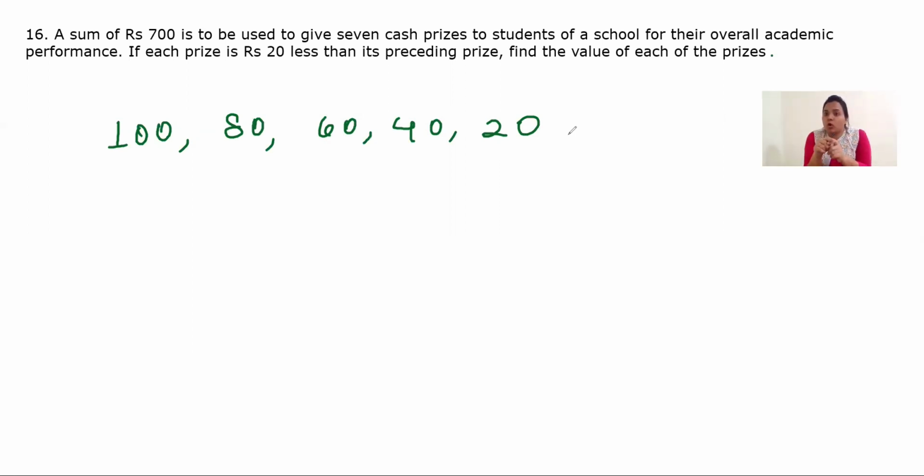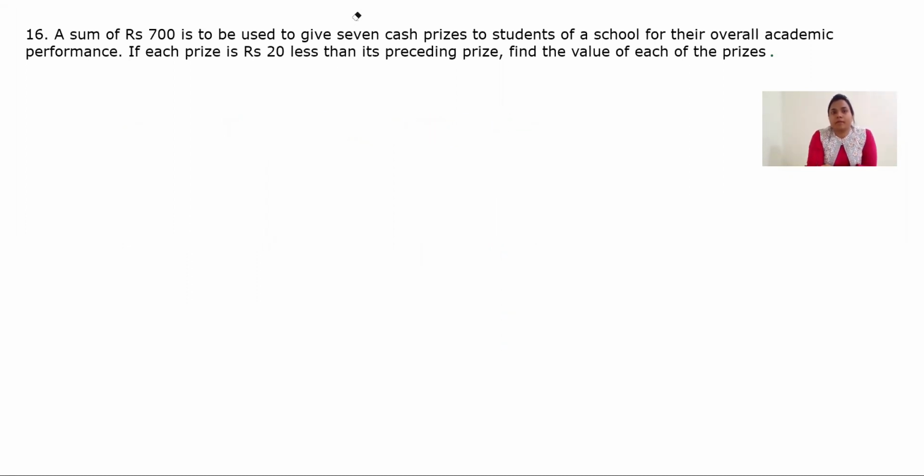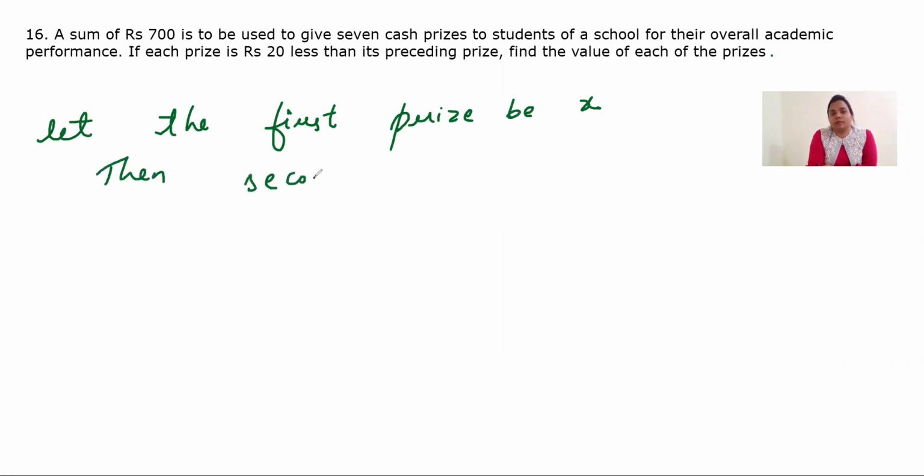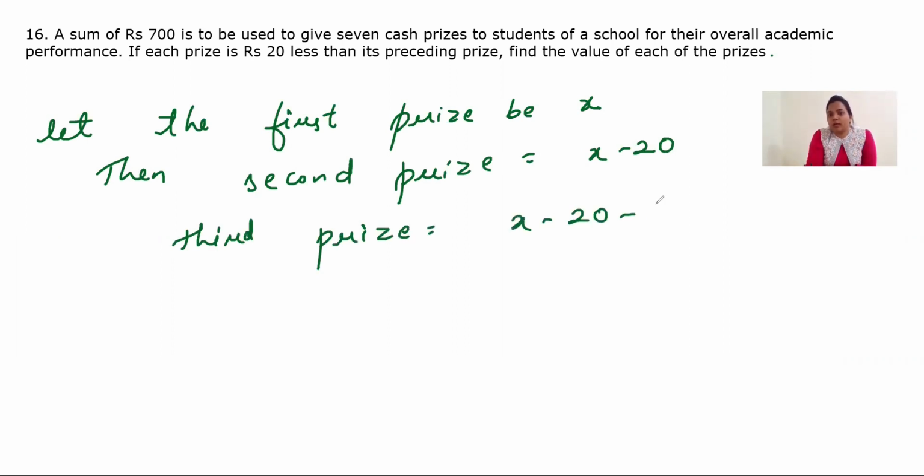In this case, again, it is forming an AP because the difference between the consecutive terms is 20. And we have been given the sum also, so we can easily find it. Write it like this. Let the first prize be X, then the second prize will be X minus 20. The third prize will be X minus 20 minus 20, that is X minus 40.